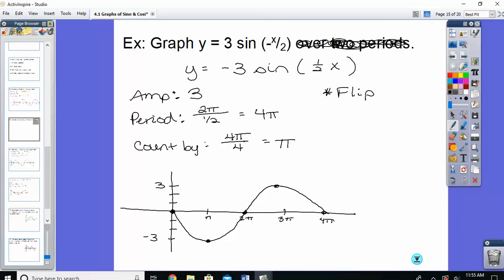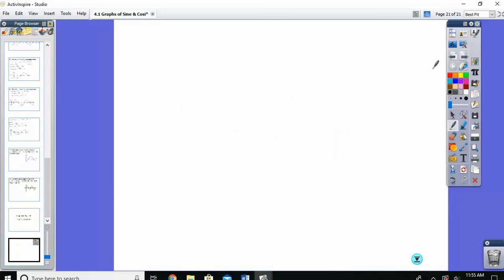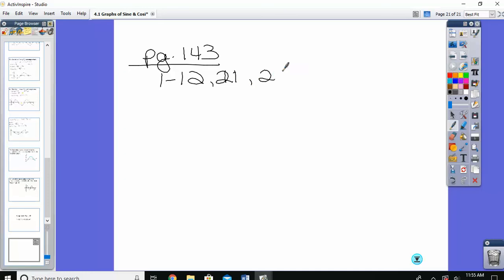The only thing I have left in this section is looking at a graph and writing the equation from it. I think I'm going to do that portion on Monday. I'm going to go ahead and give you the assignment for the whole section. 1 through 12 are just matching questions, so they're going to go pretty quickly. 41 and 45 are the two that we haven't talked about yet.